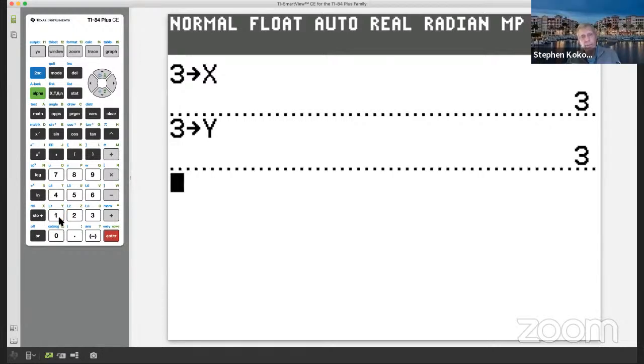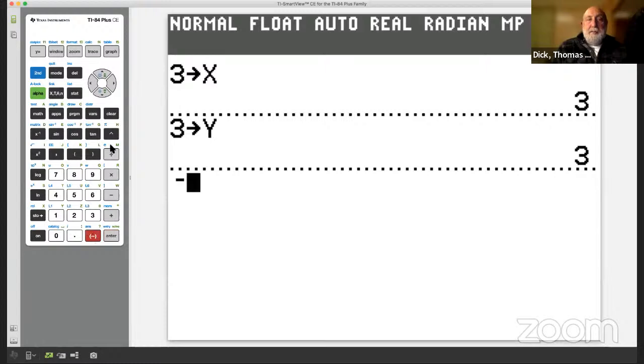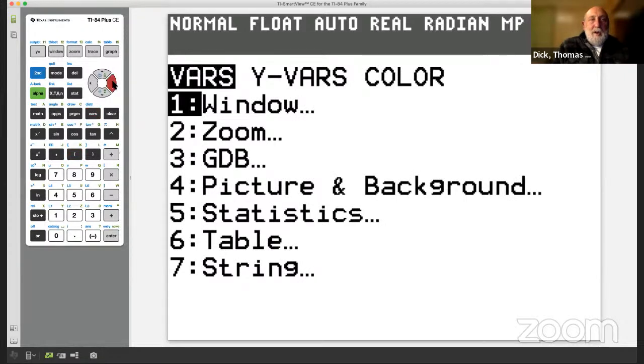Now I'm going to calculate, first of all, a negative. I want the derivative of y1 with respect to x at x equal 3. Remember, y1 actually is this expression in both x and y. So let me get my y1.